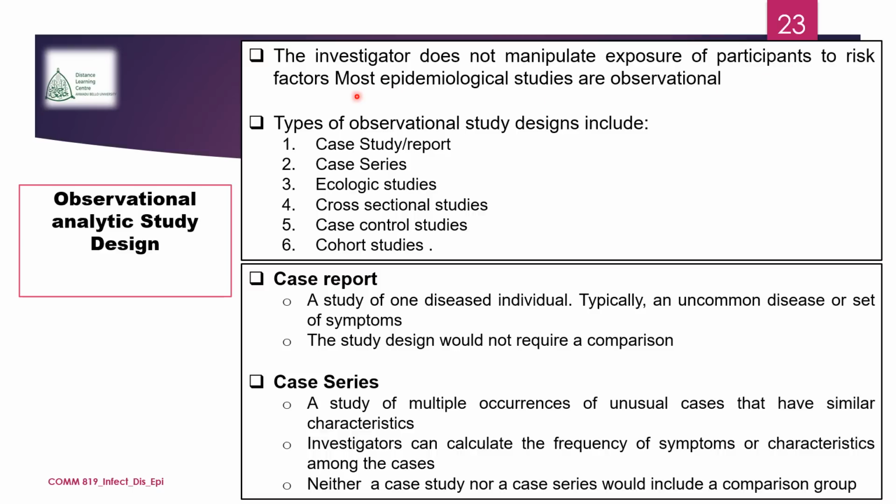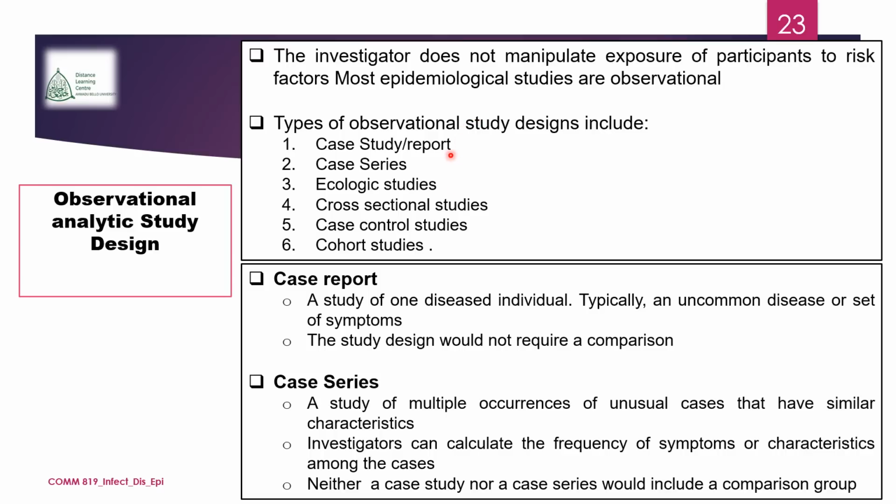Most epidemiological studies are observational in nature. So types of observational study design include case study or case report, case series, ecological studies, cross-sectional studies, case control studies, and cohort studies. I've said this earlier.